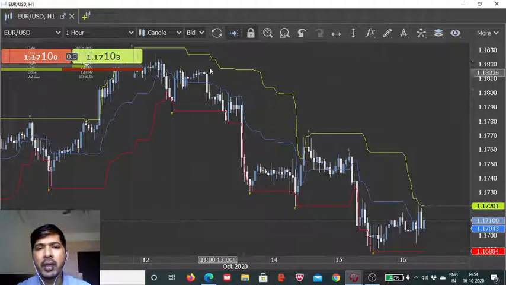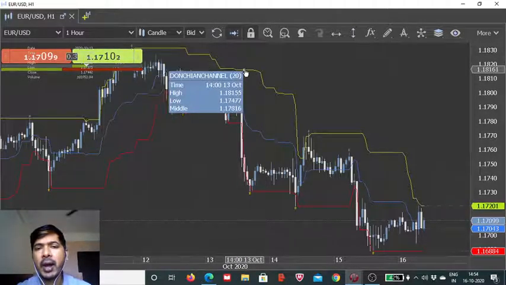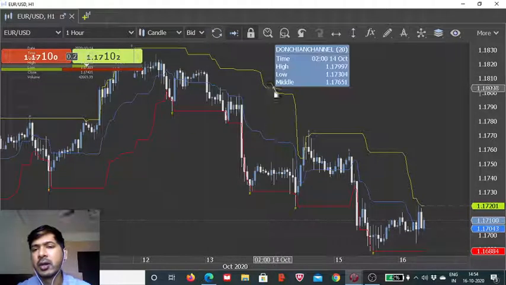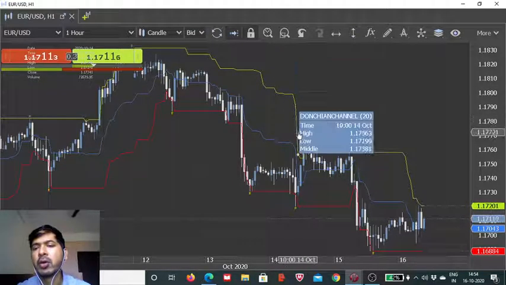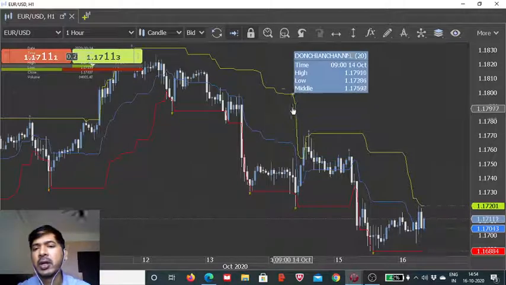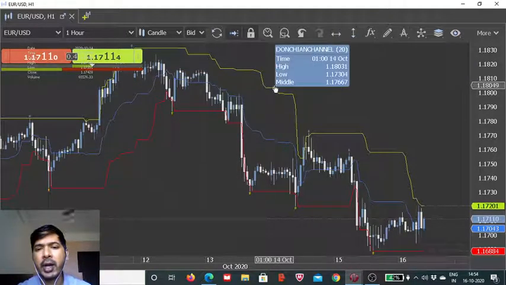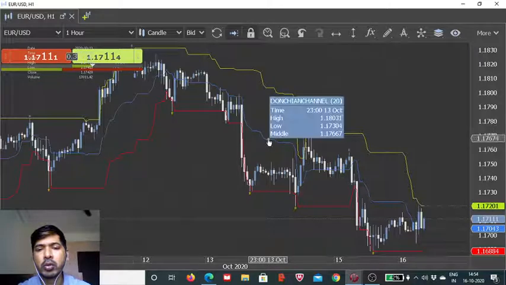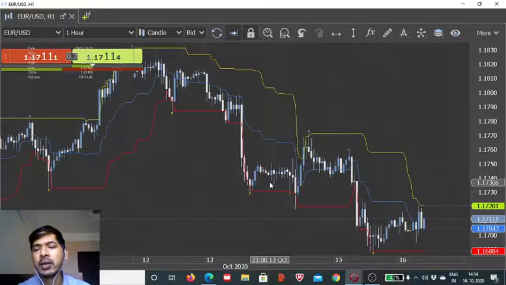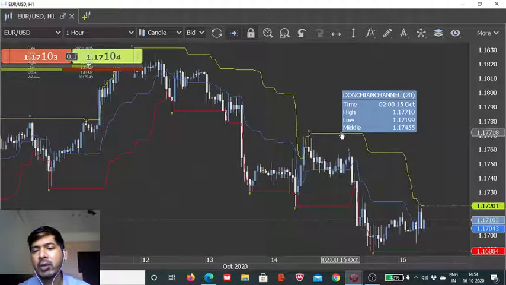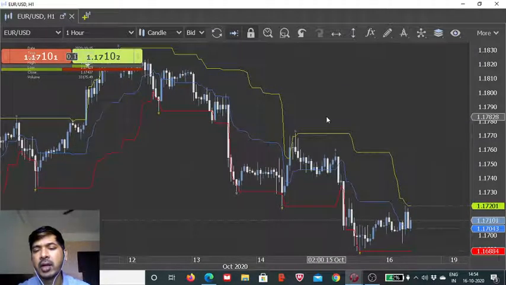And at the same time the upper band, the upper channel of this Donchian channel is also going down, it is also receding, and that means the price action is tilted to the bearish side. And this gives you an idea that maybe closer to the middle band of this channel it will be appropriate to look for the fresh short selling opportunities. So that's how this indicator is generally used.